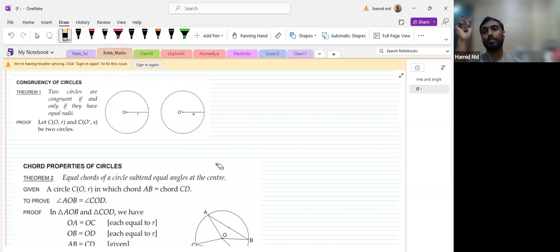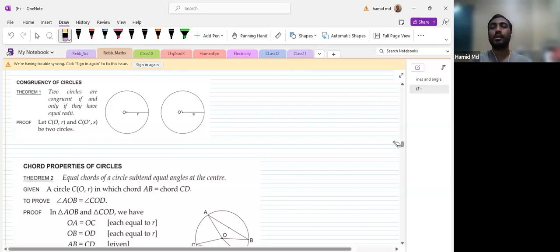The purpose of studies is also to connect these things with our day-to-day life, the things we find in our environment, in our homes or in schools. So what about the tire of a vehicle? Yes, the tire of a vehicle also. In the same way, those are congruent circles, right? Yes. Okay.